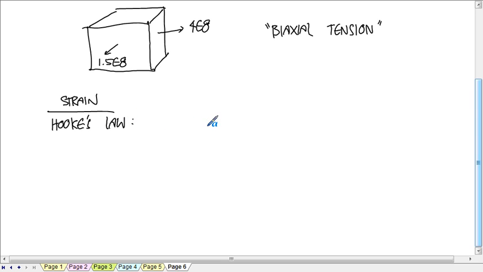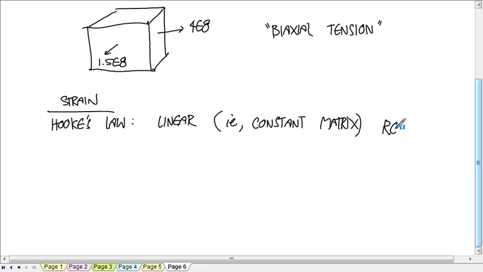So Hooke's law says there's a linear, in other words, a constant matrix relationship. There's a matrix constant of proportionality between stress and strain.